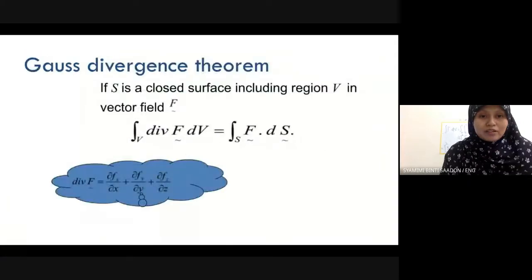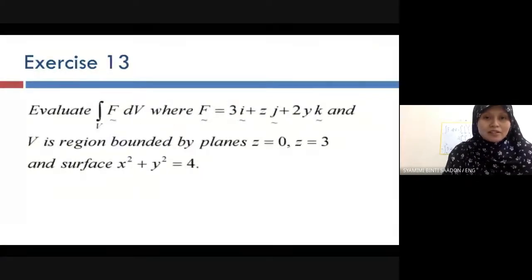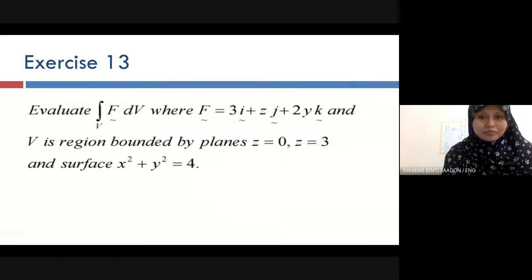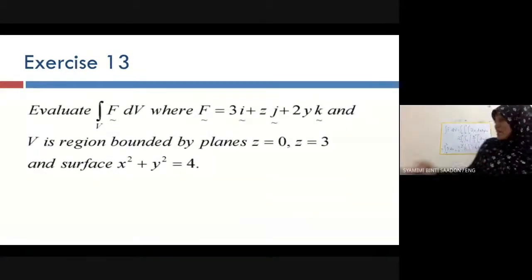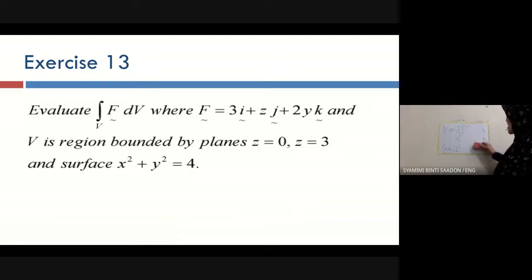Okay, this one, exercise 13. I think it's the same as the example just now. Same. I'll just give you the answer for exercise 13, so you can try to do the same as exercise 12 just now.